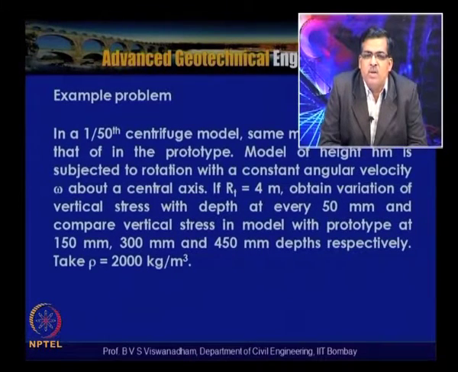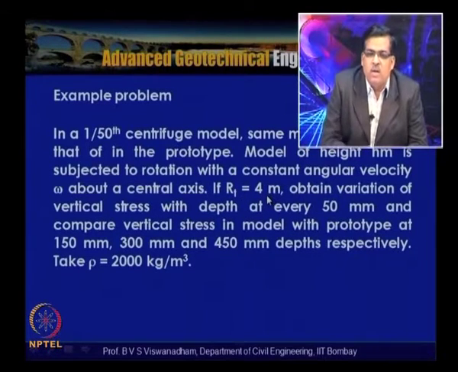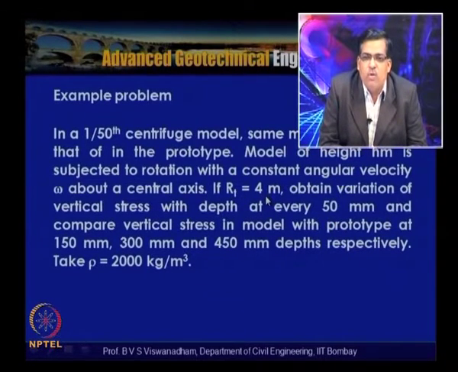Here RT is given as 4 meters, and the height of the model is about 450 mm. Knowing that, Re is equal to RT plus Hm by 3, that is 4 plus 0.45 by 3.